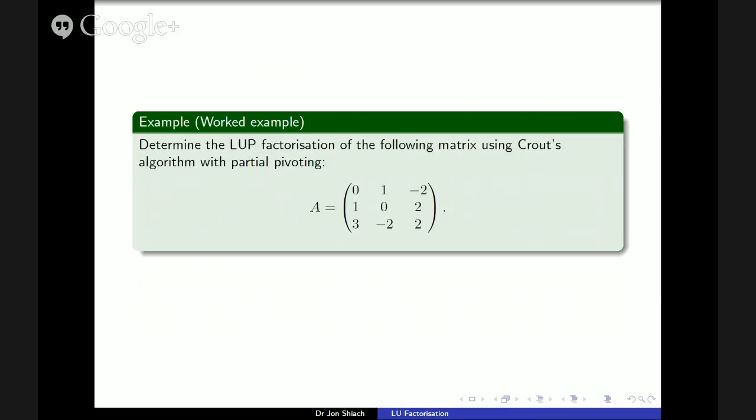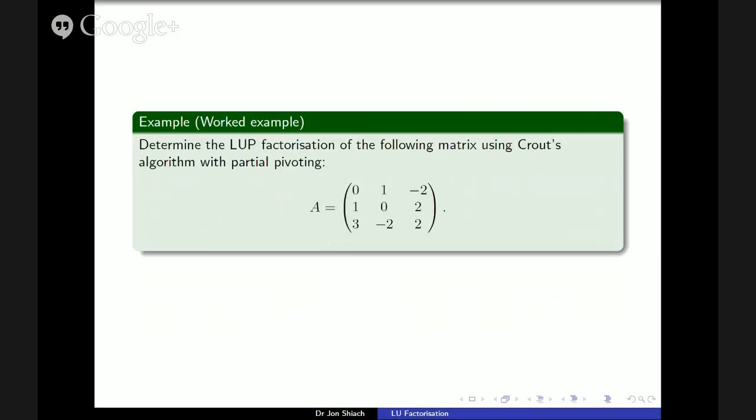Any row swap we do to A, we must also do to P. So P starts off, remember, P always starts off as the identity matrix. If we swap rows of the identity, we get that. So we start off with a row swap. After you've row swapped, we divide elements beneath the pivot by whatever the pivot is.